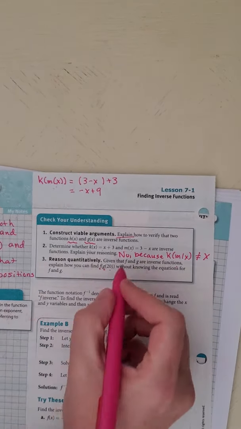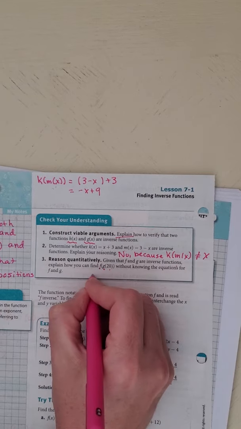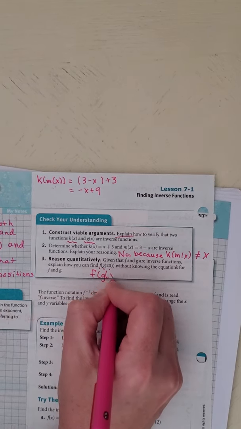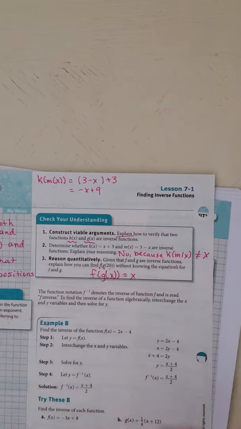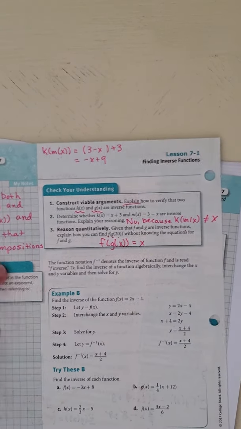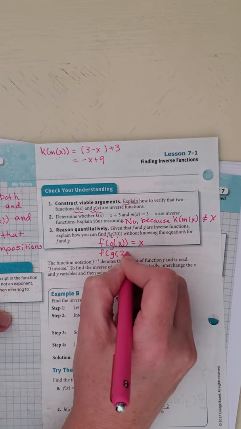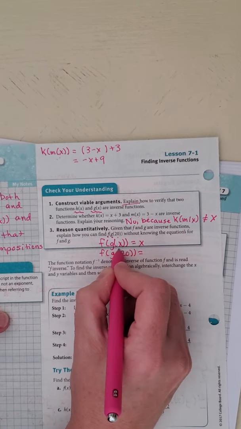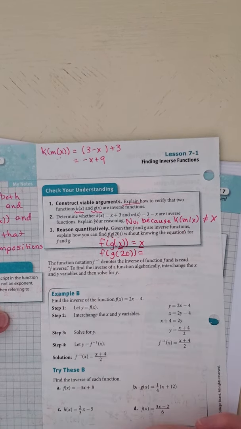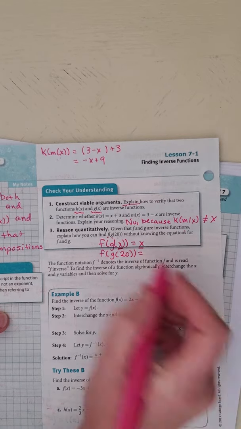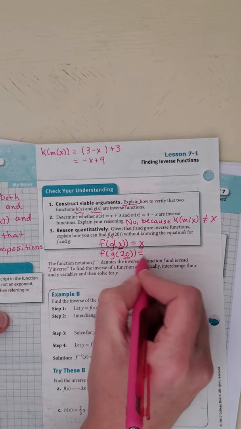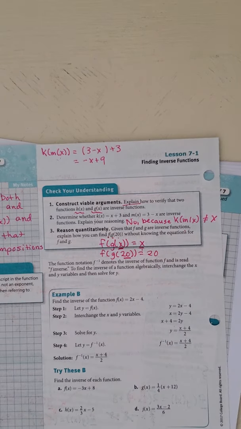Well, if they're inverse functions, we know that f of g of x will equal x. Therefore, f of g of 20 will equal, well, what's your guess? X and x, 20 and 20.